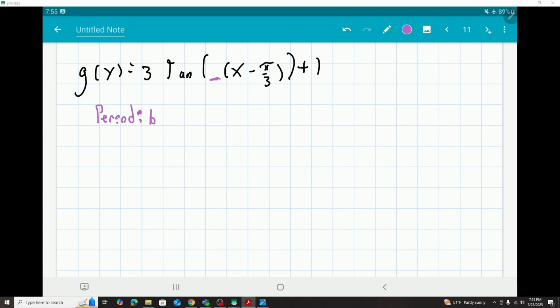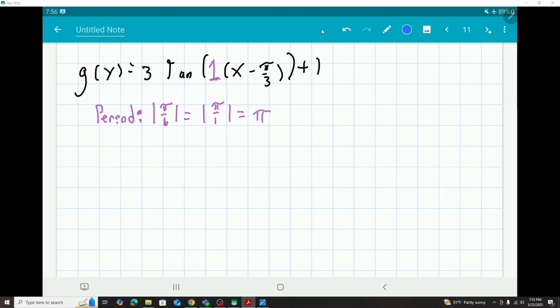Well, I look here and there's nothing in there, which means there's secretly a 1 there, like a little ninja. So if you don't see a number multiplying by x, then it's just 1. So the period is, for tangent, pi divided by b. So in this case, this is pi divided by 1 equals pi. So the period remains unchanged.